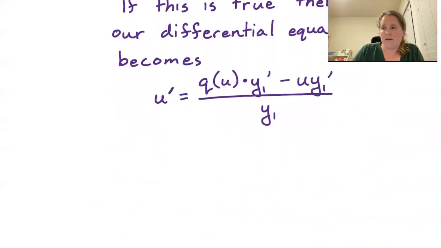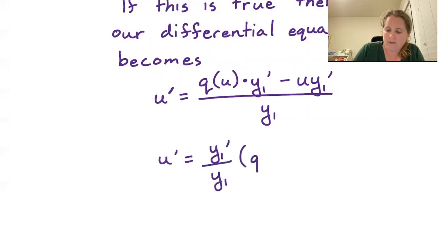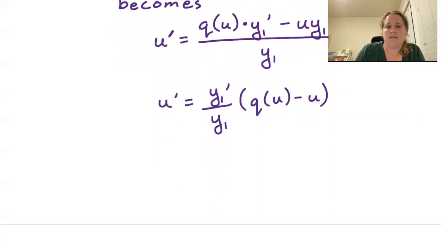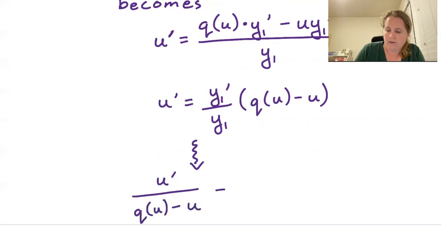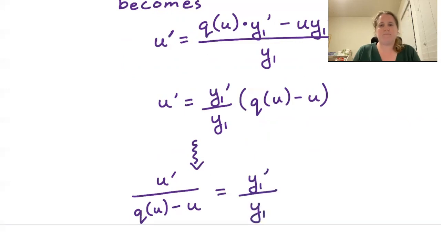Or u prime is equal to, pull out that y1 prime from the numerator, y1 prime over y1 times q of u minus u. And this therefore separates as u prime over q of u minus u is equal to y1 prime over y1.